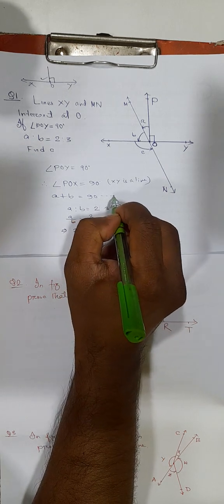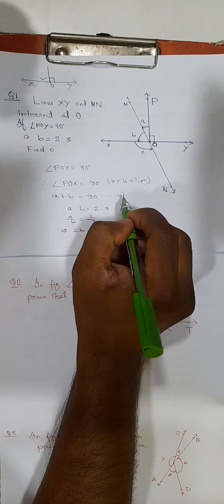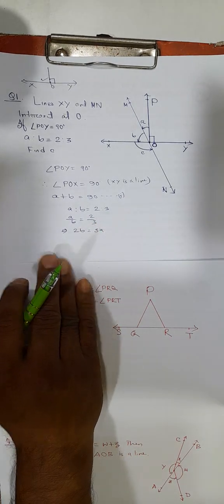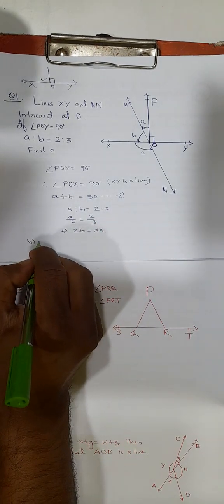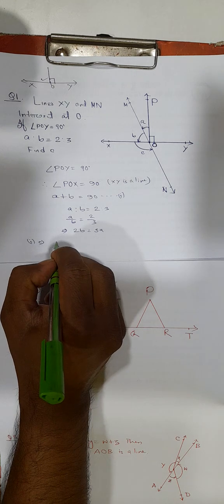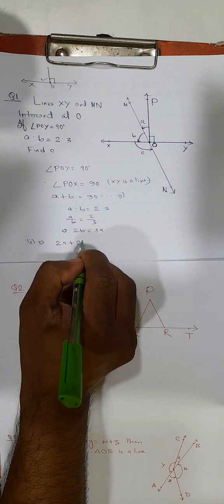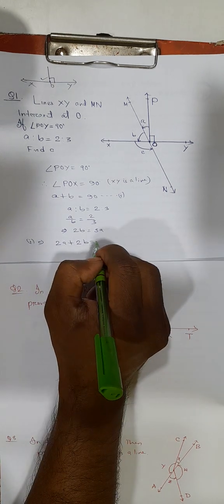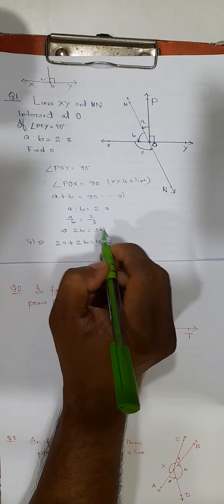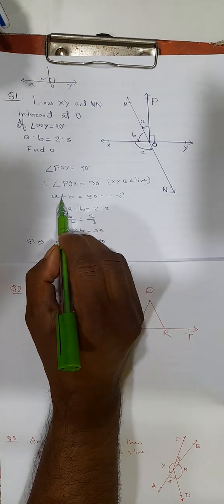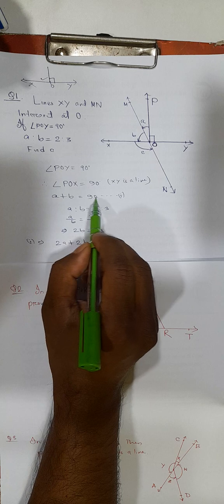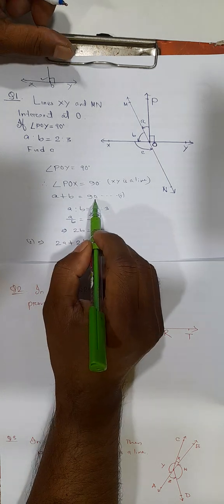Suppose this is relation 1. From 1, we can write twice of A plus twice of B equal to 180, just multiplying this by 2, since A plus B is 90.